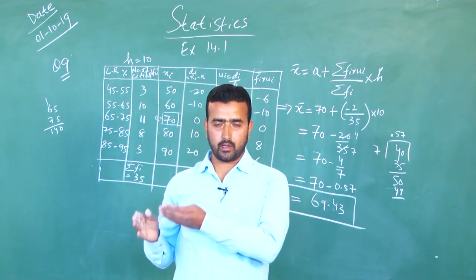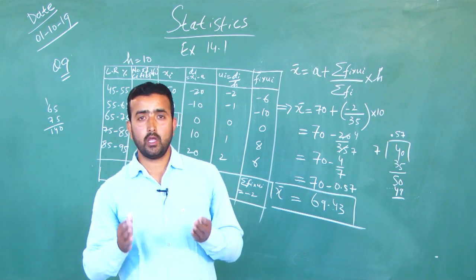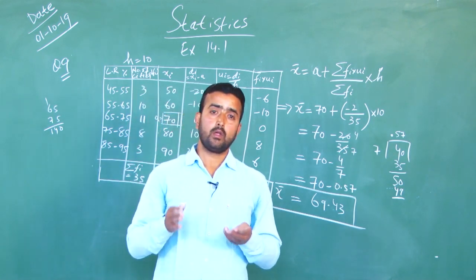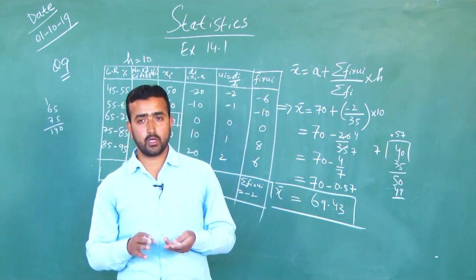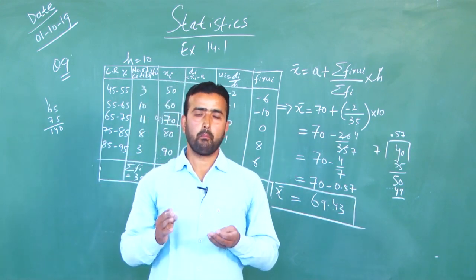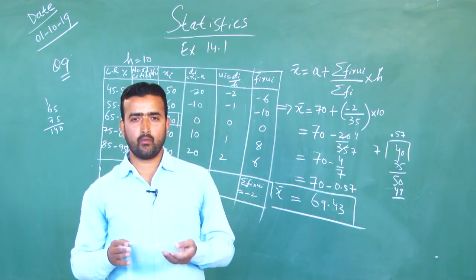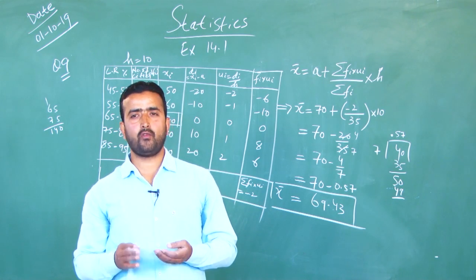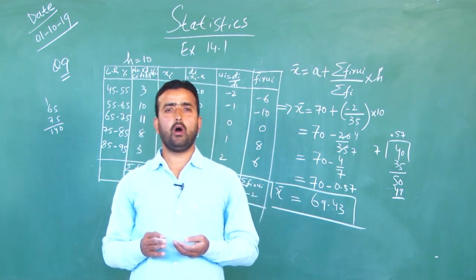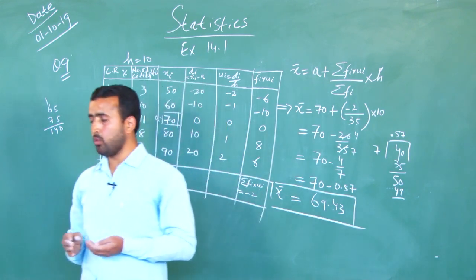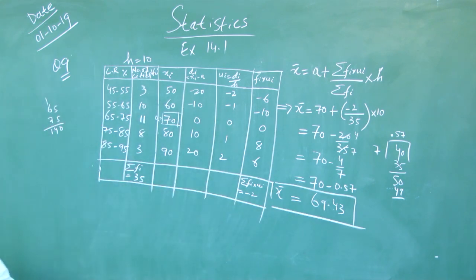Here in class 10, we have to discuss how to calculate the mode if the data values have a grouped frequency distribution. First we have to discuss the formula for calculation of the mode.